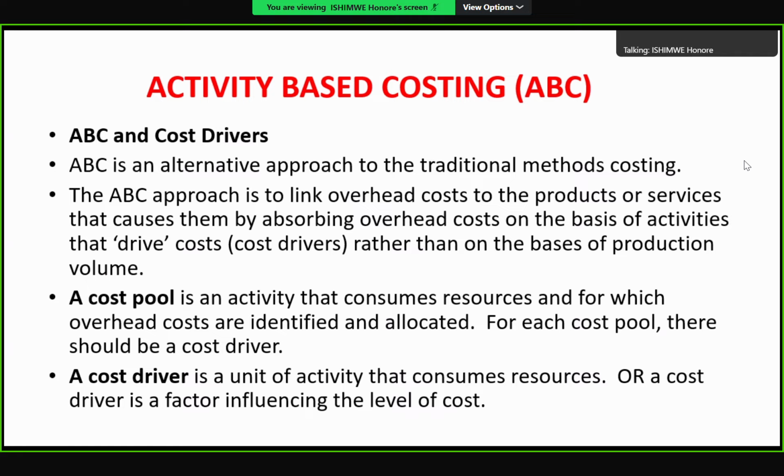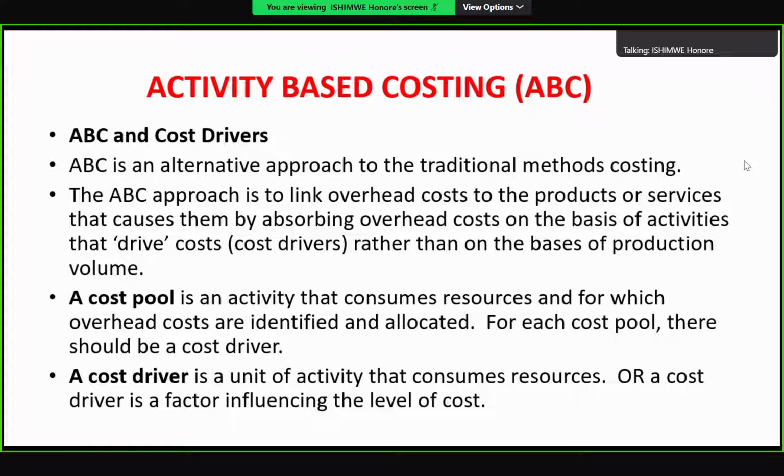So for all those costs that happened, there should be something that causes those costs to happen. We call it a cost driver. A cost driver is a unit of activity that consumes resources. Example, imagine we purchase electricity.